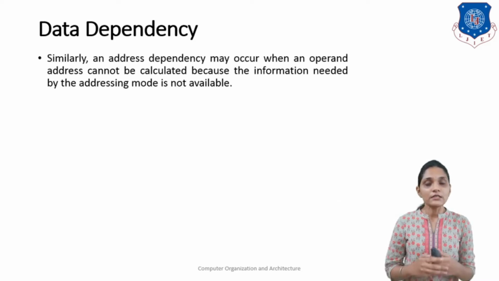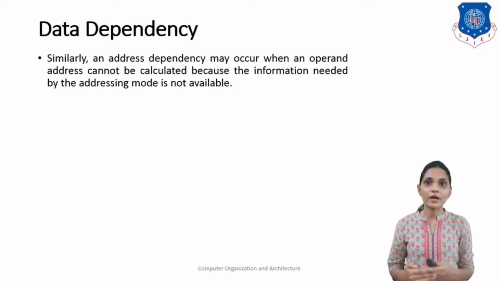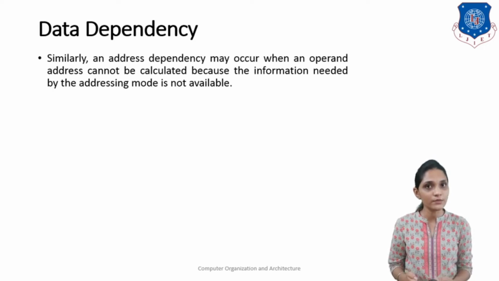Similarly, this kind of problem can also occur with the address. An address dependency may occur when the operand's address cannot be calculated because the information needed by the address mode is not available yet.